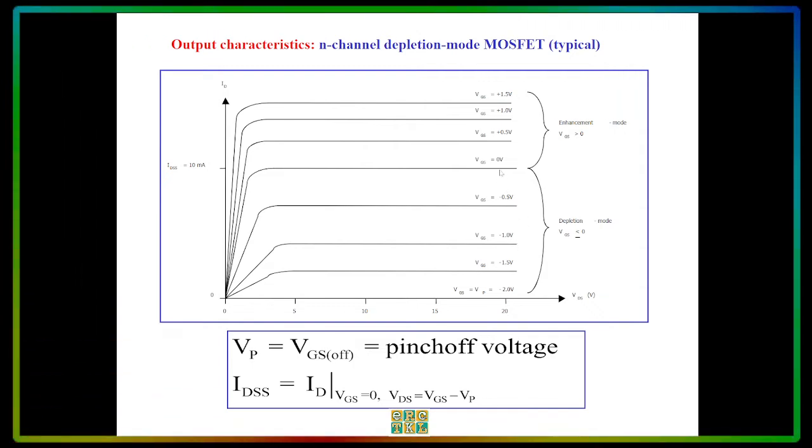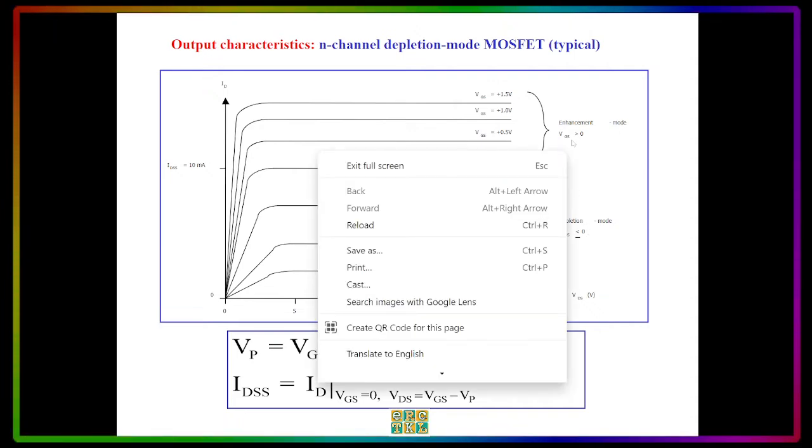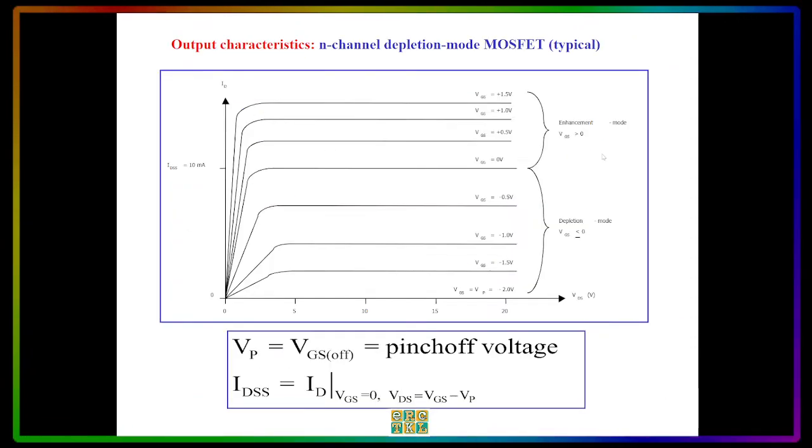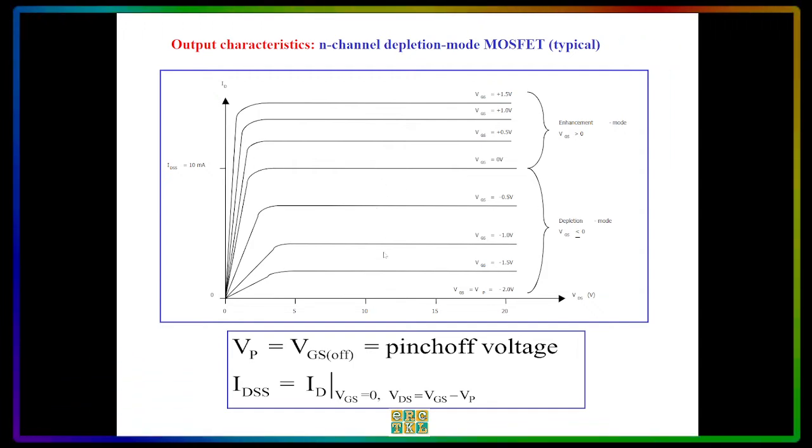You will notice that the enhancement mode output characteristics are for VGS greater than 0, while those for less than or equal to 0 volts, down to the value given here as negative 2 volts, belong to the depletion mode. So again, the depletion mode is where the VGS is less than or equal to 0, and the enhancement mode is where the VGS is greater than 0.